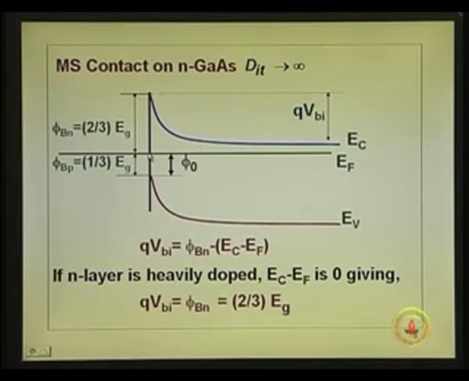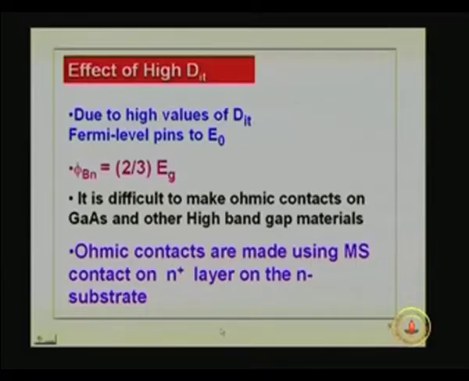We will come back to the details of the physics of this a little bit at the end of the lecture today. But right now what we say is the Fermi level will align itself with respect to E naught. As a result, this is phi naught, and this is Eg minus phi naught, that is 2/3 of Eg. We will come back to see what is the reason for this locking on. In fact, we will spend a little time later, because right now my focus is on the ohmic contact. So, once the Fermi level aligns with respect to E naught, phi Bn is actually equal to 2/3 of Eg.